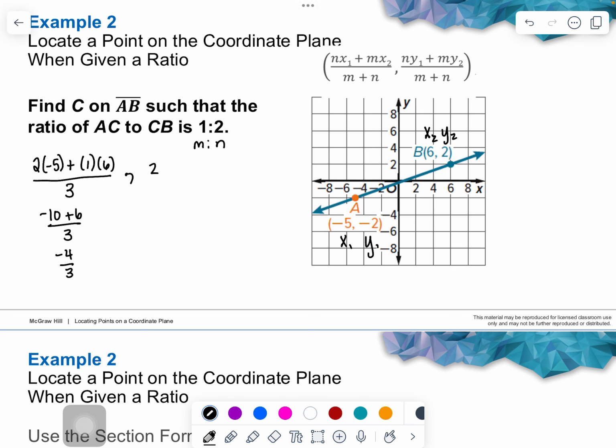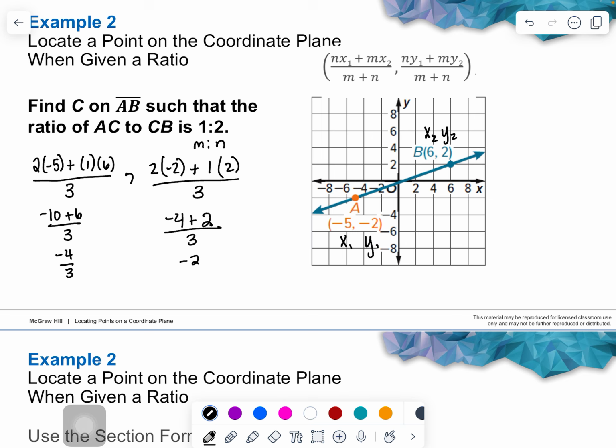Okay. Now, second one. n times y1 is -2 plus m times y2, 2, all over 3. And then that means -4 plus 2 all over 3.